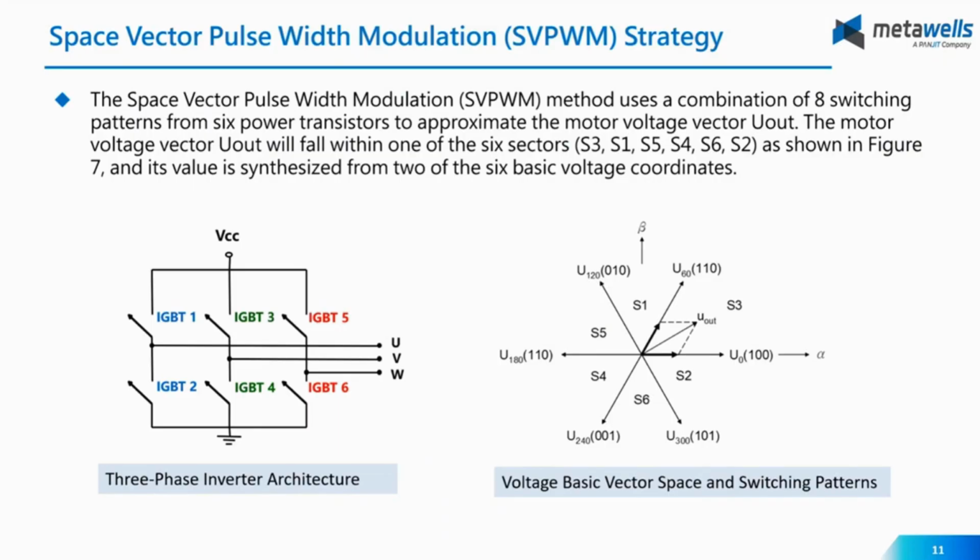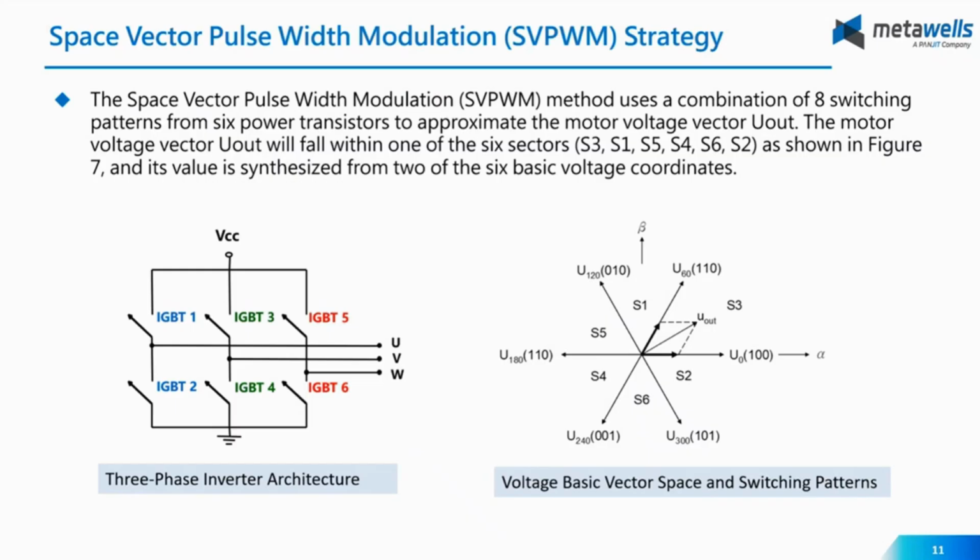We usually have 6 sectors in the SVPWM strategy. So the vector falls within one of 6 sectors, like S3, S1, S5, S4, S6, S2, and is synthesized from the 2 basic voltage vectors.